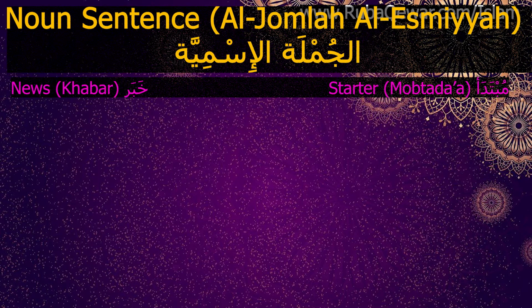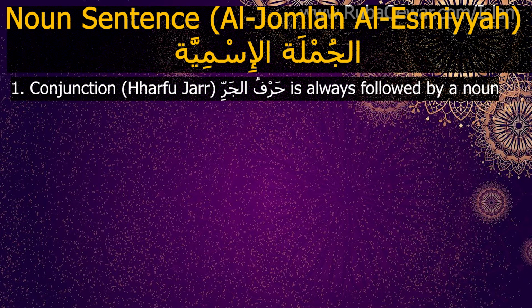Now we're going for حرف, letter, the حروف like من, على, which we took the other day. The conjunctions, right? A conjunction is always followed by a noun.